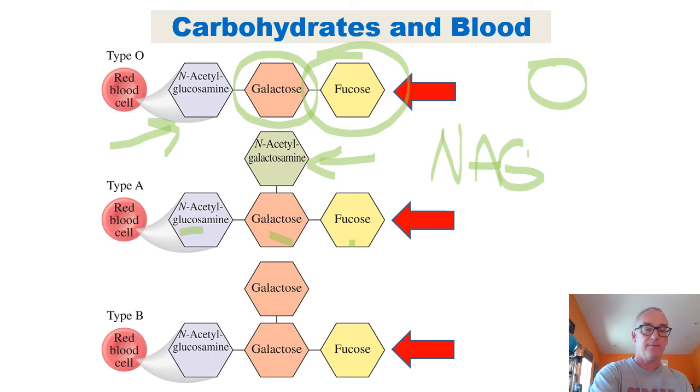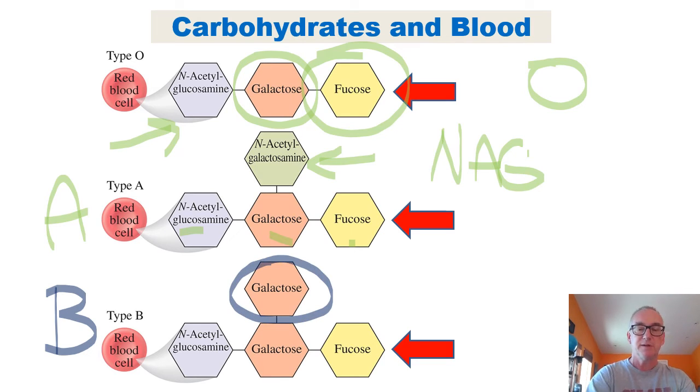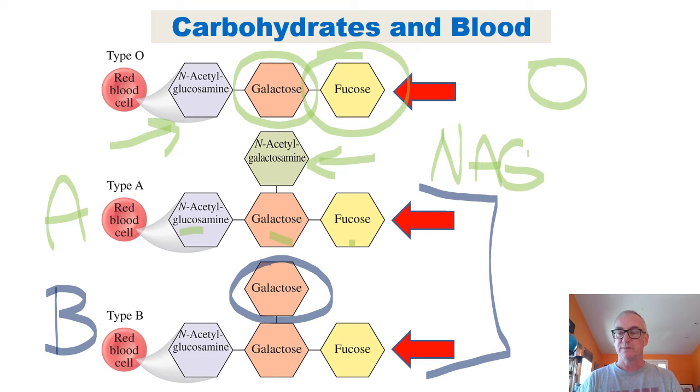That's A. And then when we come down to B, which is fairly uncommon, type B, it has NAG, galactose, and fucose, but it has another galactose attached. And then AB, which is really rare, has both A and B present on the same blood cells. So A and B would have both of these groups present.